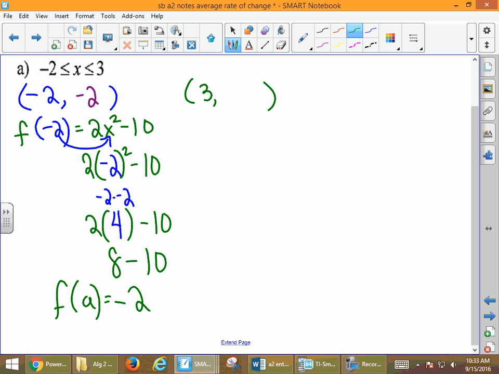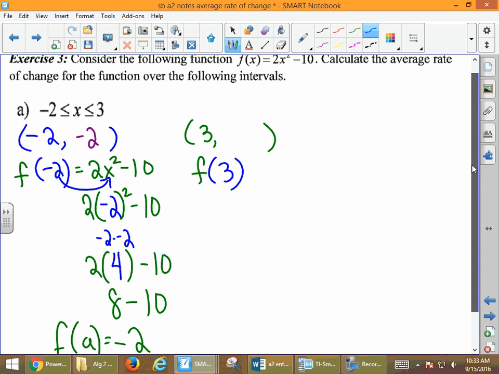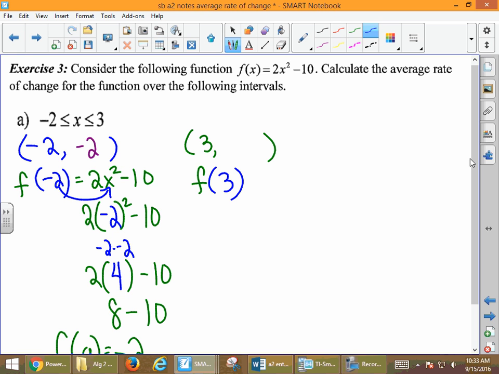But now what we want to figure out is, what does f of 3 equal? So this time it's going to be f of 3. We're still going to put it back into the function we're given, 2x squared minus 10. We're going to take that value of 3 and put it back into our function wherever we see x. So this becomes 2 times 3 squared minus 10.